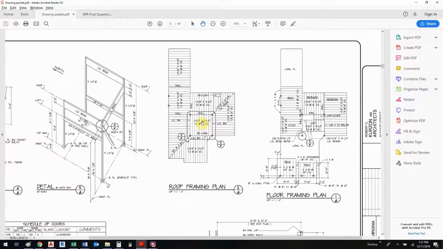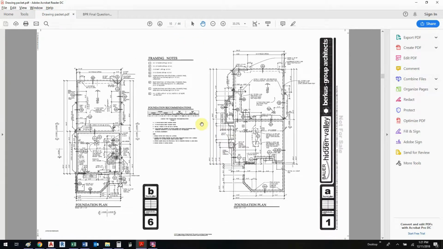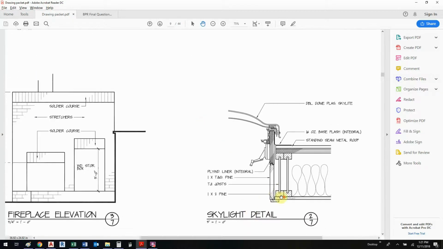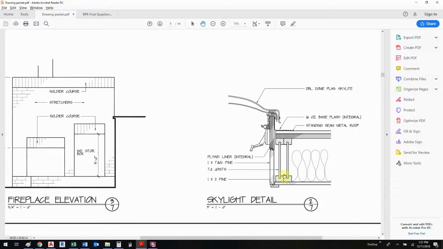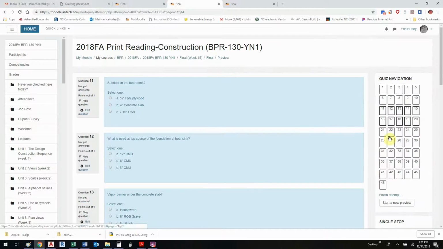If we look at the detail, here's the detail of the Skylight, and they're equal in size here. It says that there's TJI joists. So what is the size of these? It's going to be pretty much the same size as those. That was number 14.